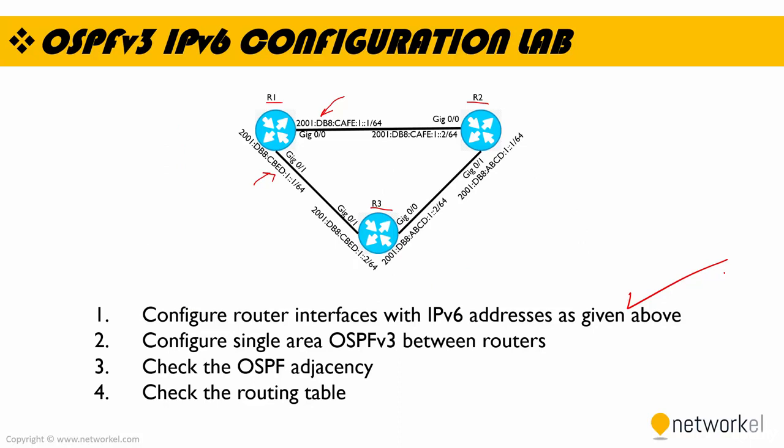Now it's time to configure OSPF version 3, I think. To configure OSPF version 3 on 3 routers, the first thing I need to do is define the router ID. Then I'm going to attach the interface to the OSPF process.